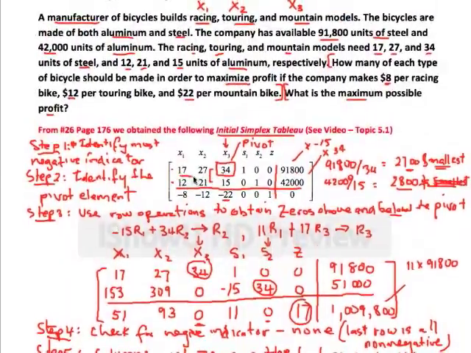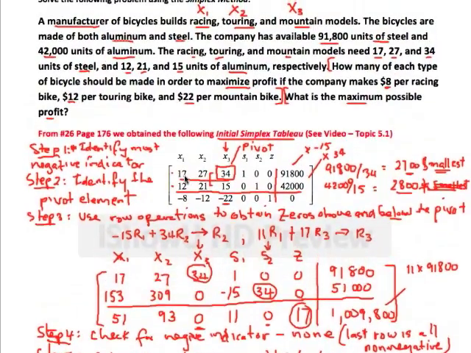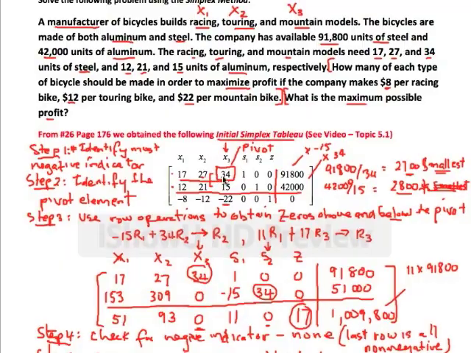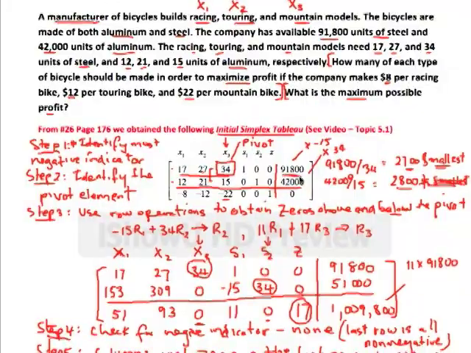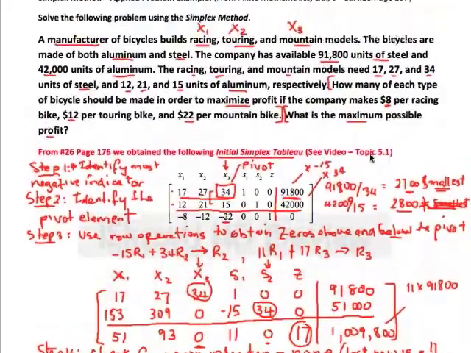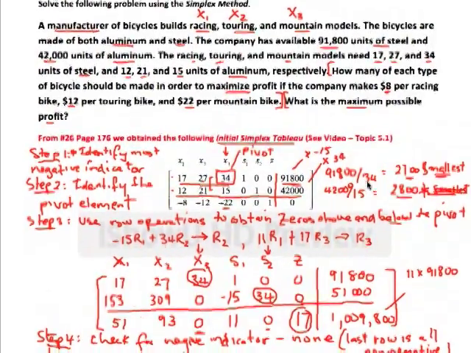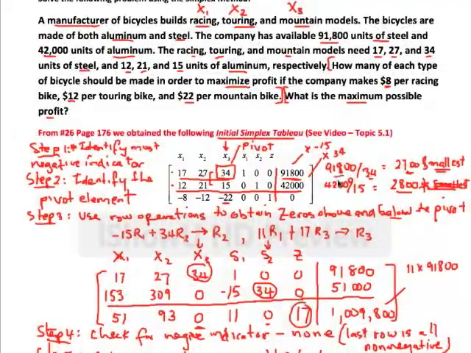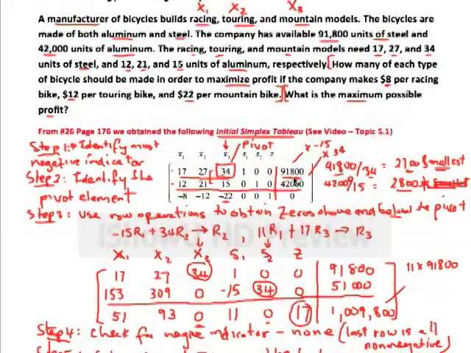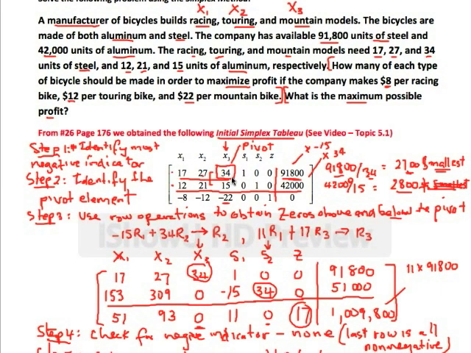For example, this one here is looking at the steel, so it would be 0 of these, 0 of these, and 34 times 2,700. Interestingly enough, we get this number here, which comes from here, of course. 91,800 divided by 34 is 2,700, so 2,700 times 34 would give this. So in actual fact, all the steel is going to be used up making these 2,700 mountain bikes.